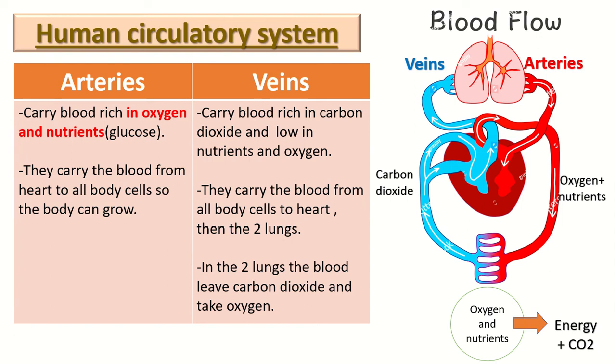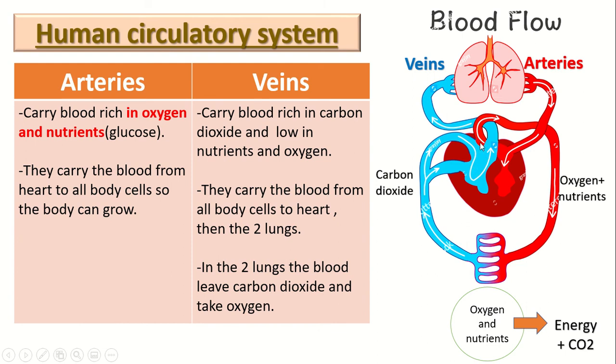Who will take the carbon dioxide from our body? The other blood vessels, which are called veins. The veins will take the carbon dioxide from all the body to the heart.